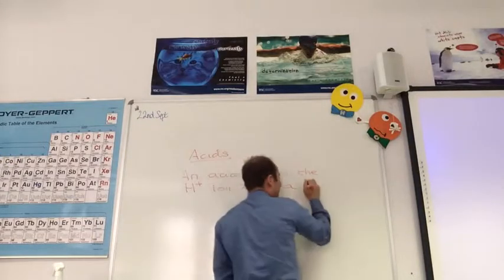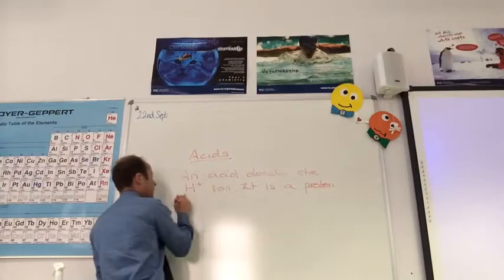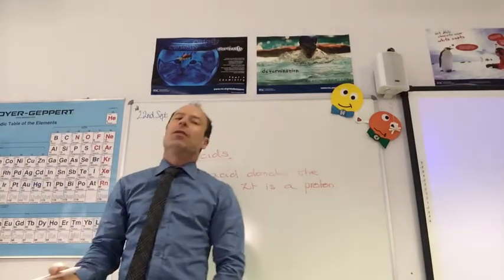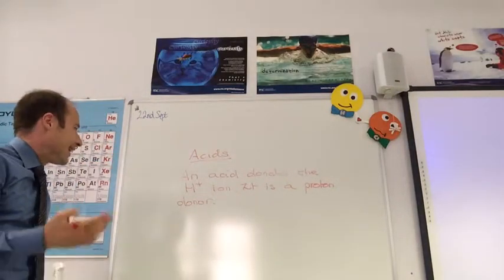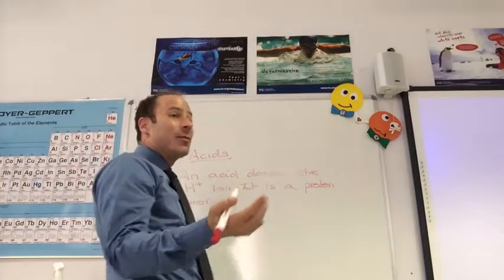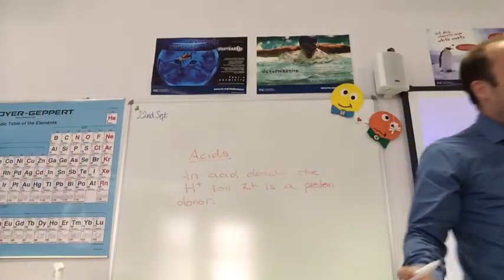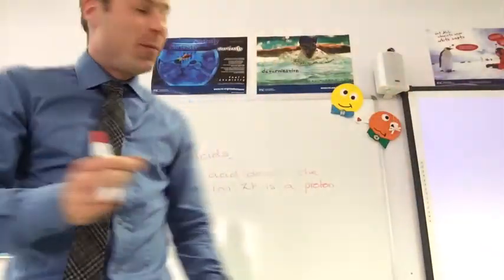Have you heard of it as a proton donor? You heard of that term? Okay. That's how we define it at A level now. So we say an acid is a proton donor. It can donate this H plus particle. So any chemical which has this ability is called an acid.